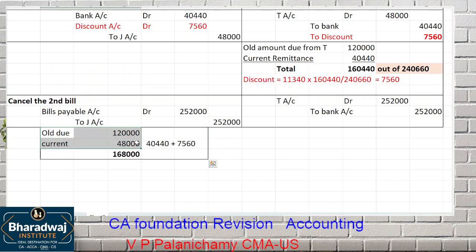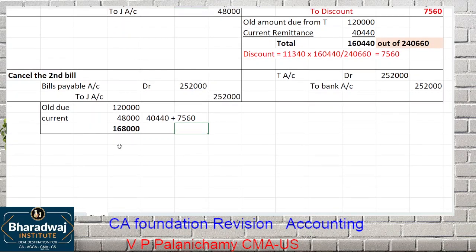Old due 1,20,000 plus current add பண்ணா 1,68,000 due. அதுல how much are we collecting? We are collecting only 50 paise in a rupee. What is the entry for collection? Bank account debtor, bad debts account debtor, to which account? T account. So we are able to collect only 84,000. Remaining 84,000 is bad debts, total of 1,68,000.